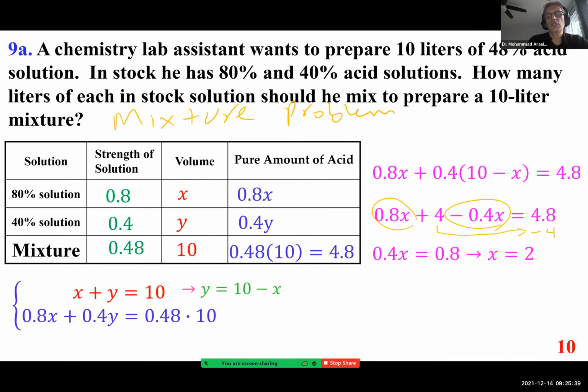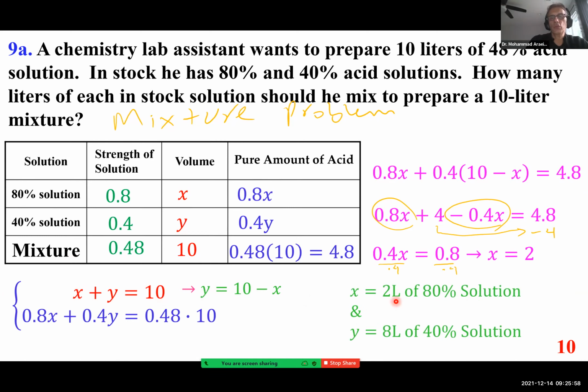We divide both sides by 0.4. X becomes 2. So if X is 2, Y is 10 minus 2. So X is 2 liters of 80% solution. It's a good practice to put it right in front of it so you know what you have. And Y is 8 liters of 40% solution.